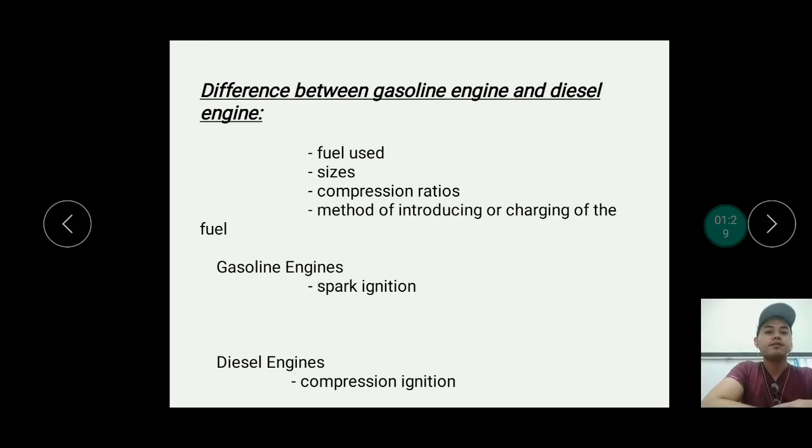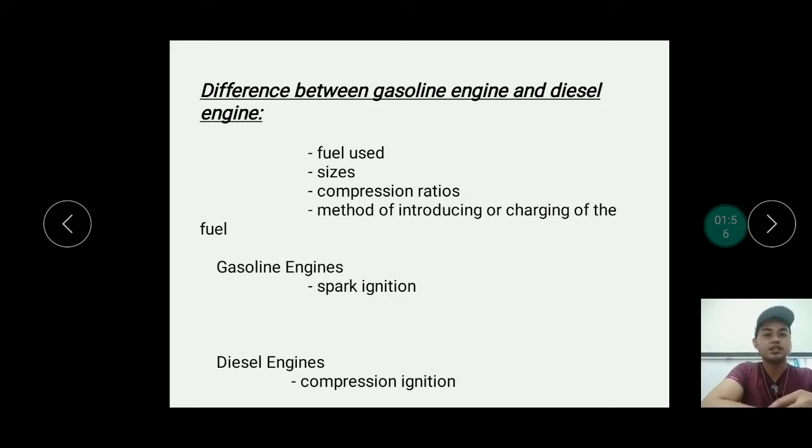So there are differences between the gasoline engine and the diesel engine. For example, the fuel used. A gasoline engine uses gasoline as fuel, while for diesel engines we use diesel, bunker, or low quality fuel oil as a fuel.